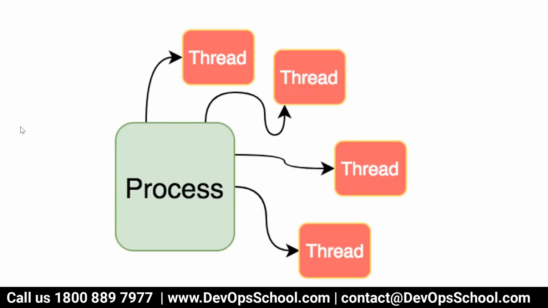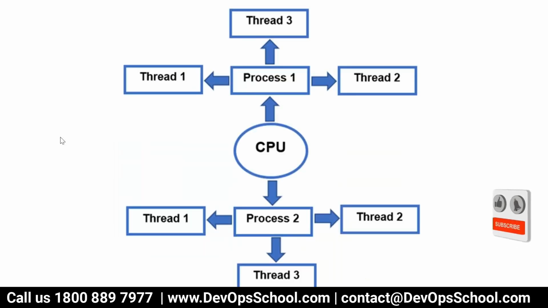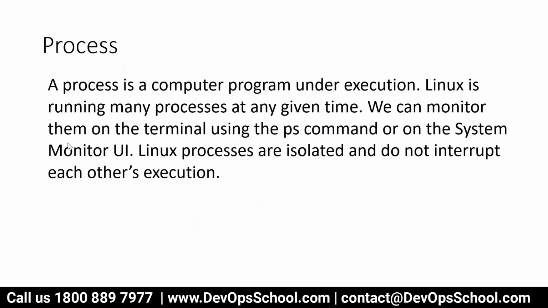Here you see one process which is managing multiple threads. Here the CPU empowers the process, and the process has multiple threads. So what is a process? A process is a computer program under execution.